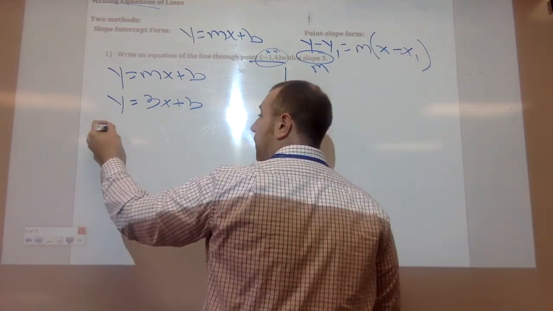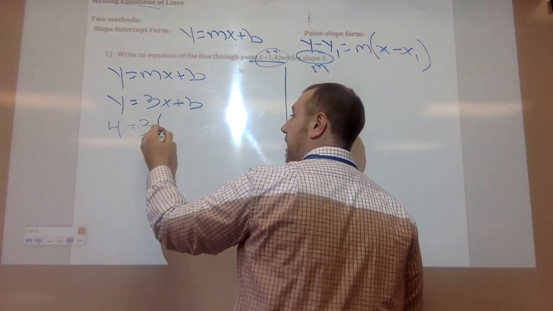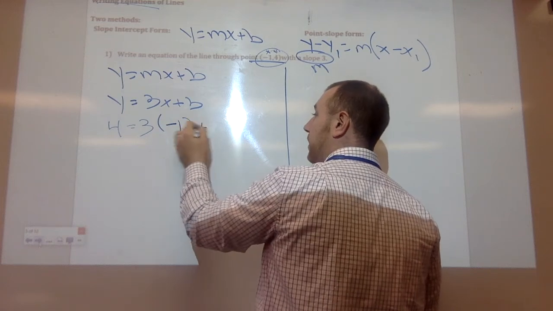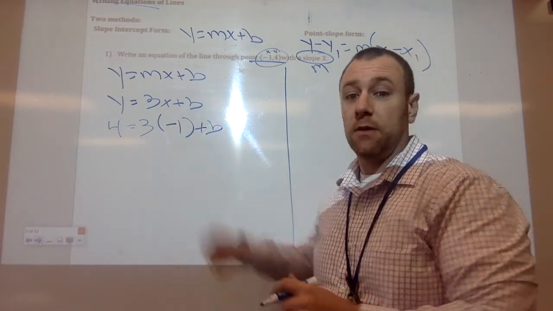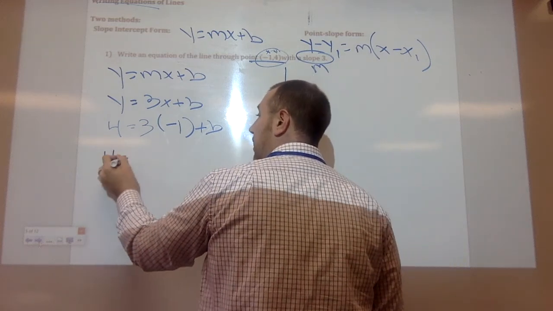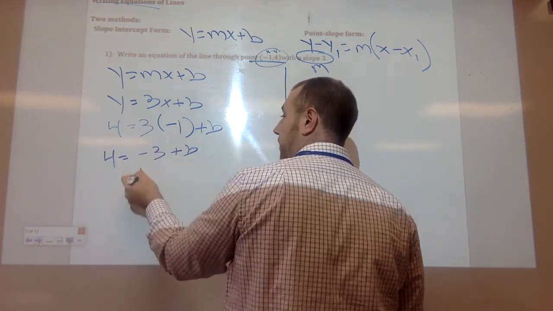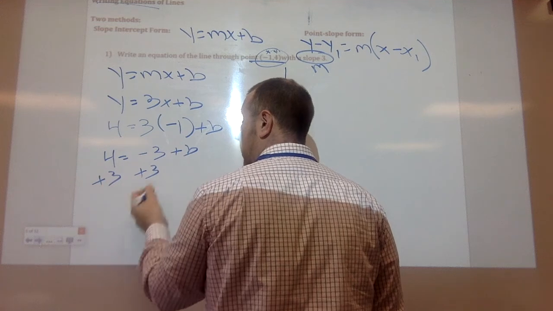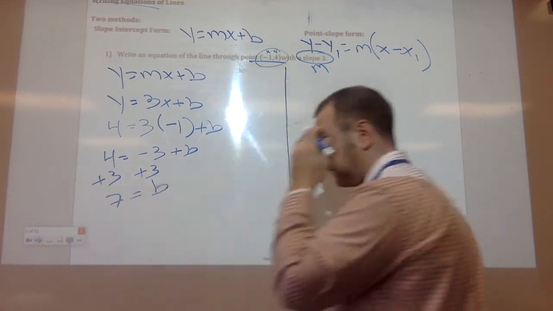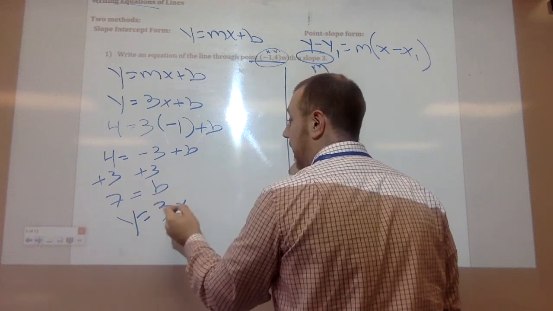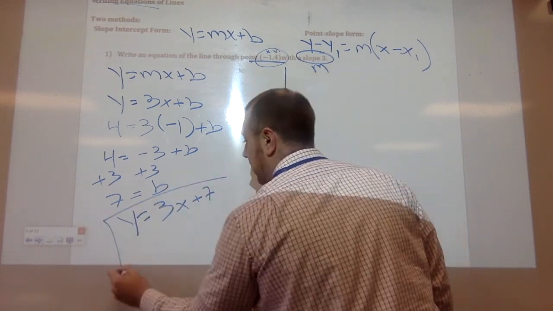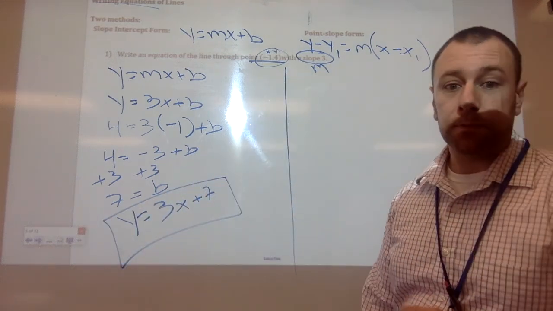So it becomes 4 equals 3 times -1 plus b. Now I can solve for b, because it's my only variable. 4 equals -3 plus b. I add 3 on both sides, and I get b is 7. Now I can say y equals 3x plus 7. That is the equation of my line.